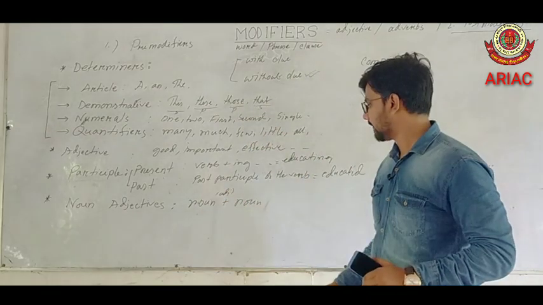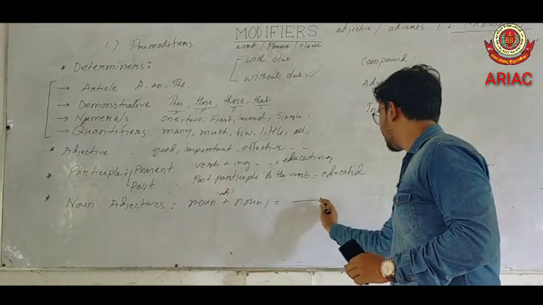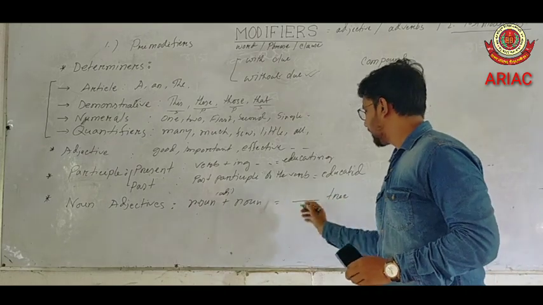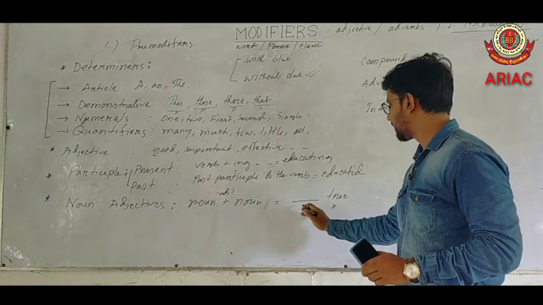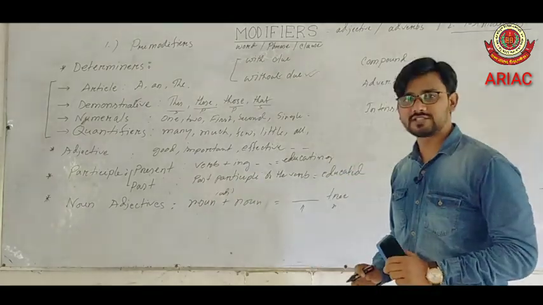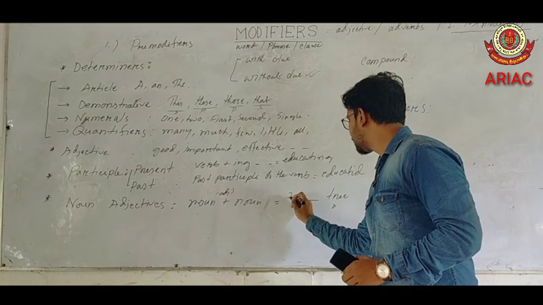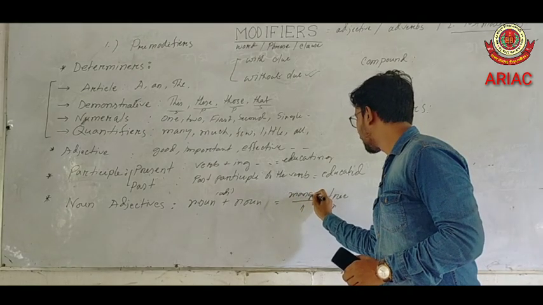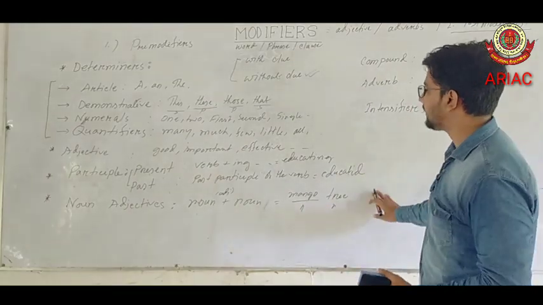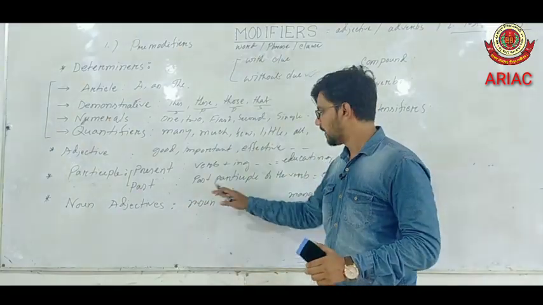Like, if the given word is tree, if tree is a noun, we have to put down a different noun before it. If there is a noun adjective, we can write mango tree or banyan tree, etc. So noun adjective means noun plus noun. We have to put down a noun before a noun.